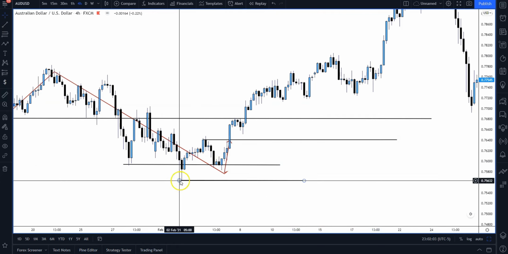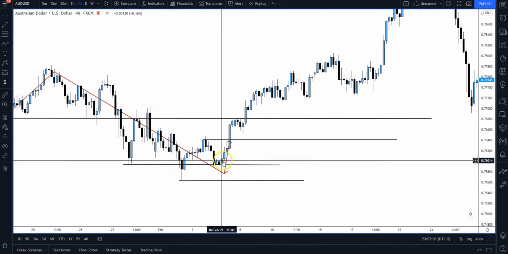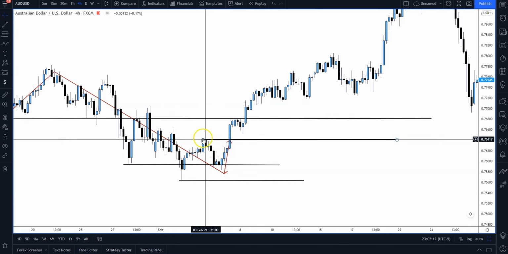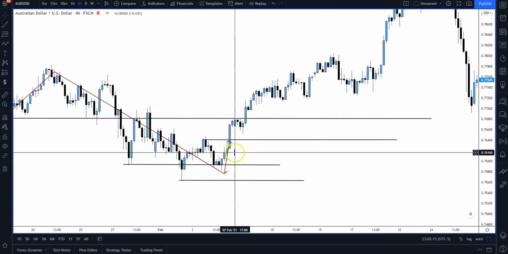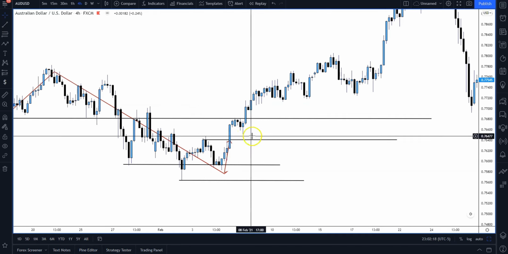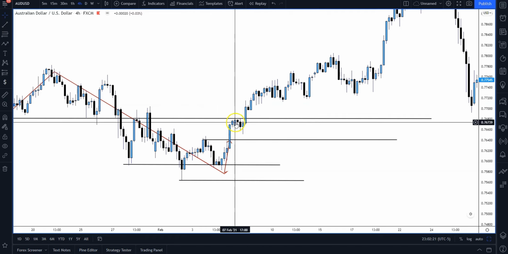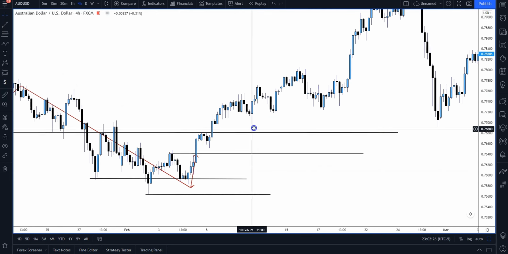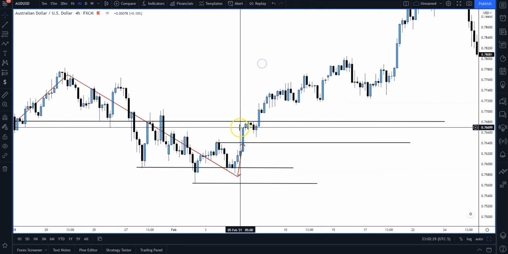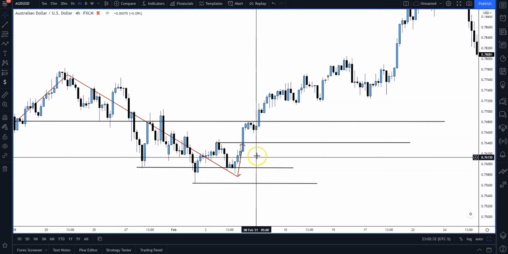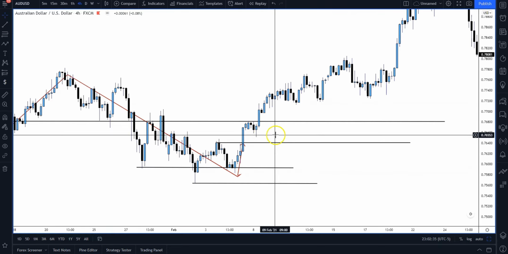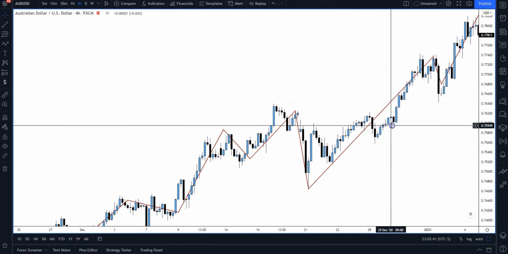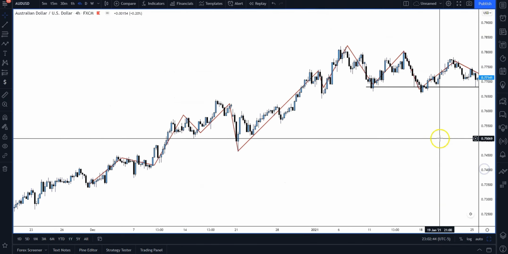So now this low is higher than the previous low, and in order for this to continue going down, this high will have to remain higher than the next high. But look at what happened. That high got broken, and now we have a higher high. That gives you the signal that now we're in an uptrend. Look at how this low didn't come anywhere close to going down here. So now we have higher highs, higher lows. Uptrend, right?